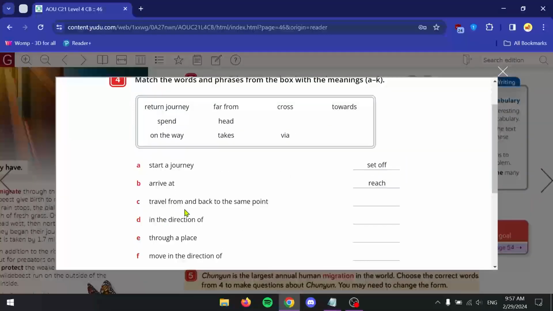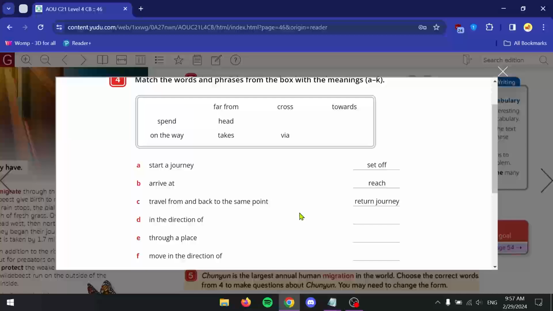C, travel from and back to the same point. Okay, this will be return journey, and I intentionally did not explain what this meant in the text so that I can explain it here. I think all of us have been on a return journey at least once. A return journey is when you go somewhere and then come back to the place that you were originally at.